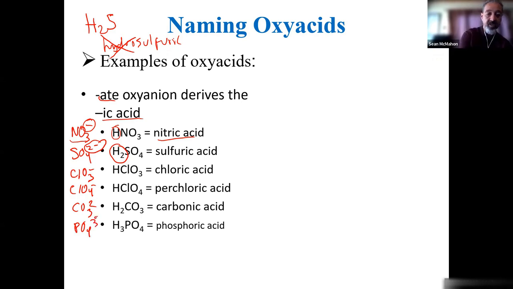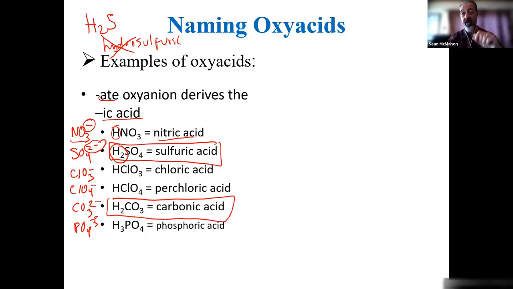We see that sulfuric acid and carbonic acid are diprotic. What do I mean by diprotic? They have 2 hydrogens that can be released as an acid, right? The nitric acid, the chloric and perchloric, because the oxyanions are negatively charged 1-, they're monoprotic.